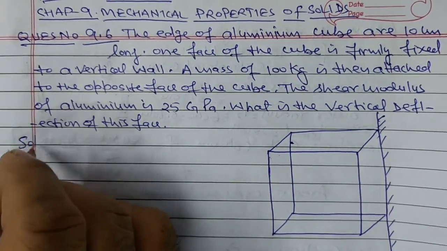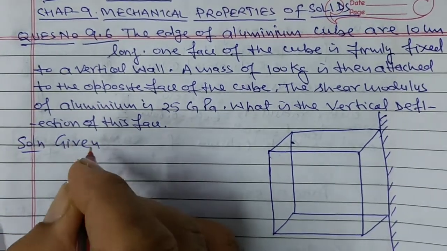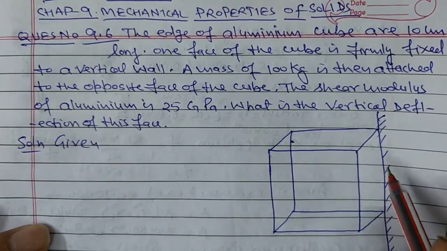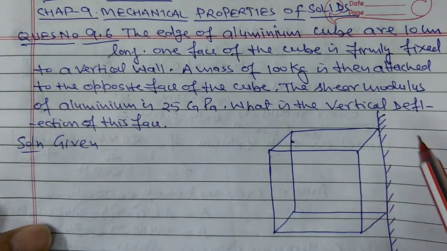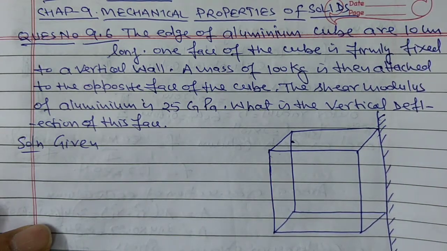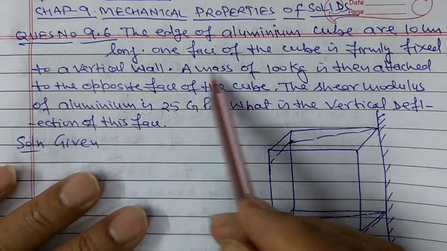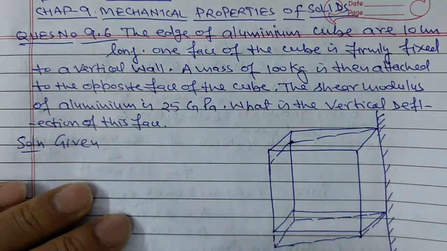In this question, given that a cube of aluminium, each side 10 centimeter long, is attached to a vertical wall, and a mass of 100 kg is attached to the opposite face.